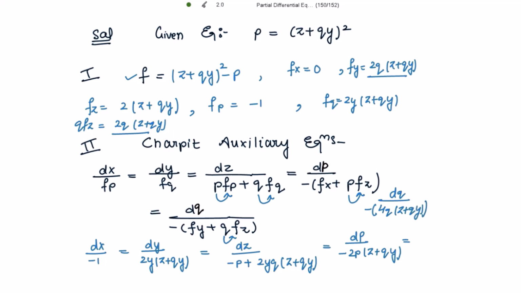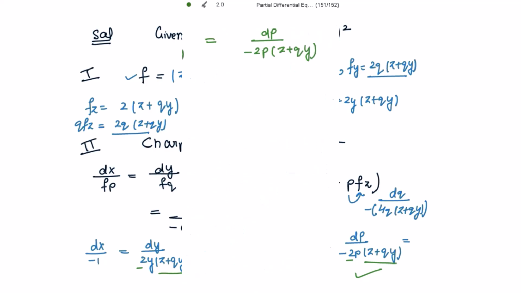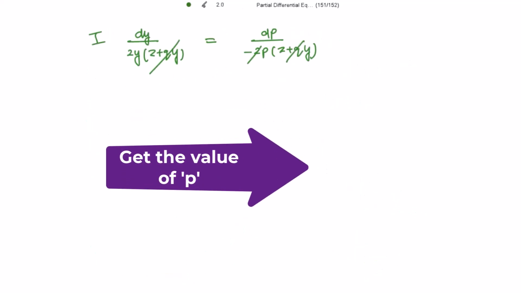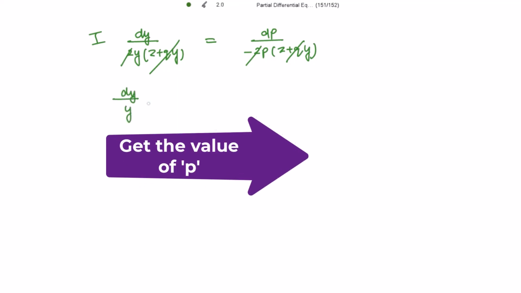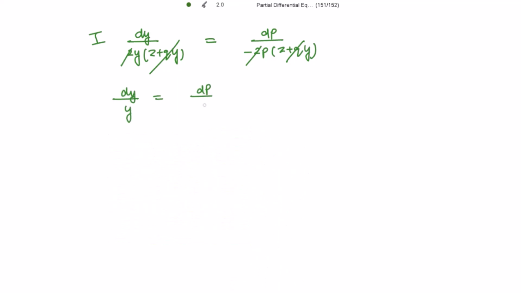Okay. Now we need to choose those ratios from which we can easily get the value of p or q. Because I have twice (z plus qy) common in the second and third ratio, they can easily be cancelled out and we can get the value of p easily from these two ratios. So cancelling this, and also 2 is cancelled from the denominators, we have dy divided by y equals dp divided by minus p.